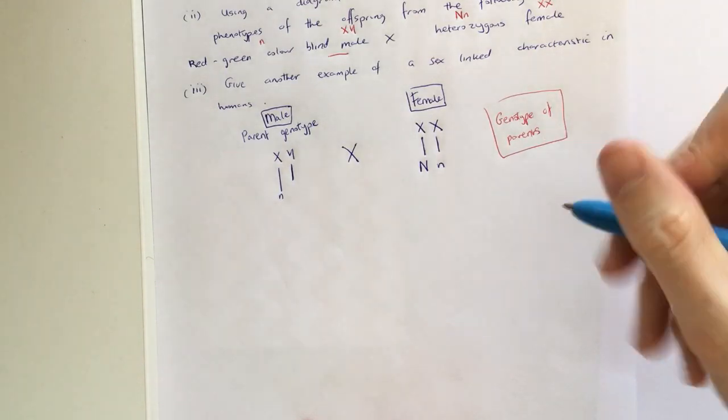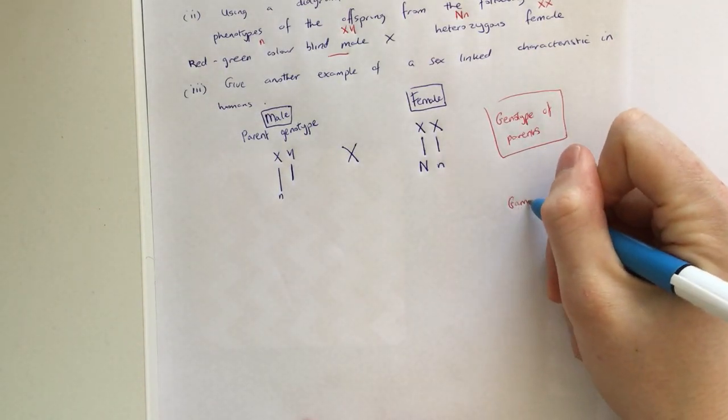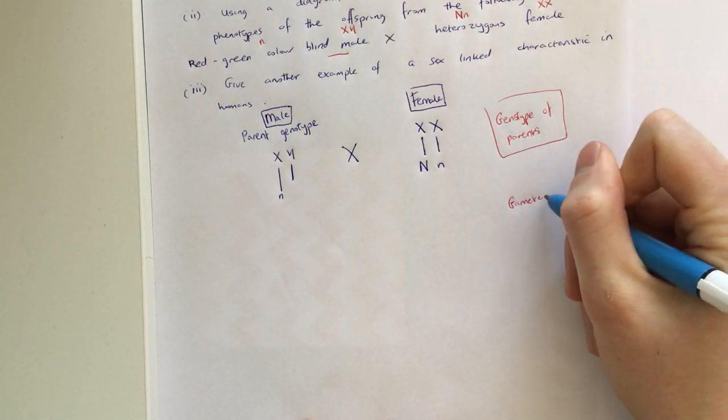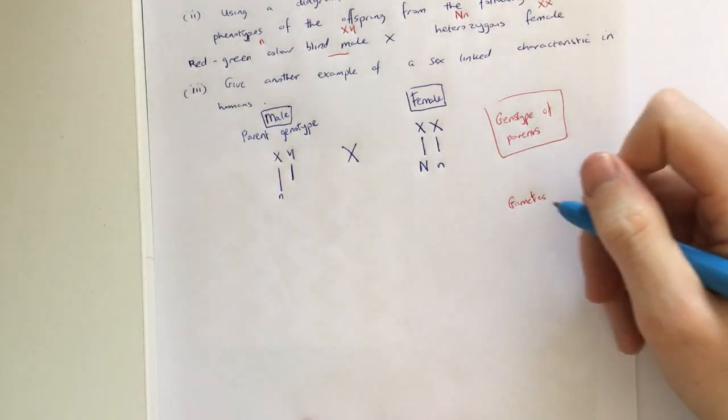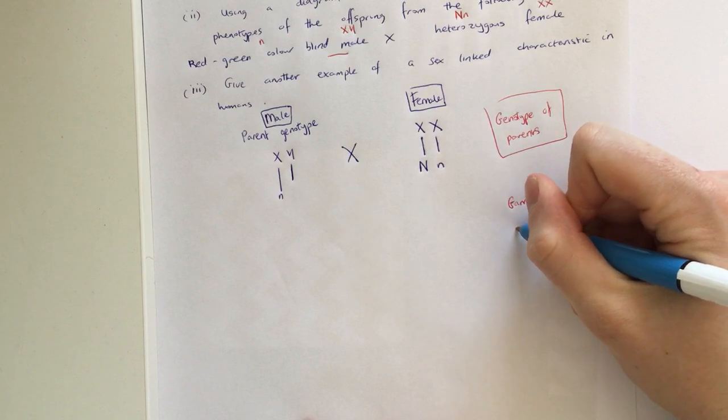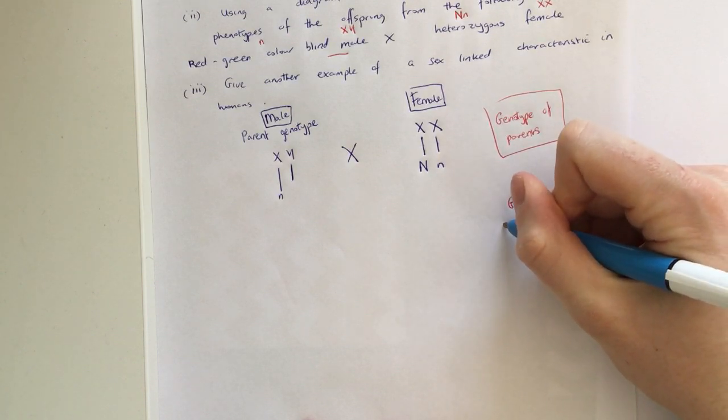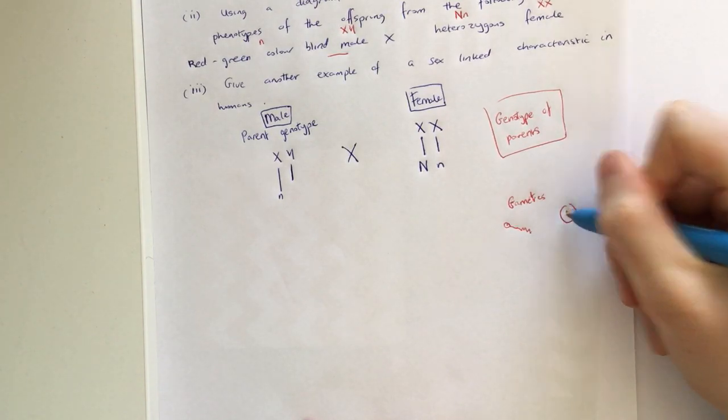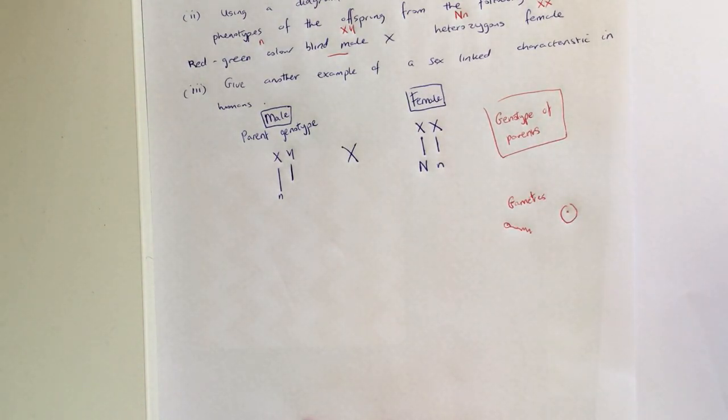The next thing we need to work out, which is essential, is the gametes. This is really important to remember. A gamete could be, for example, a sperm cell or an egg cell. Remember, these are haploid.